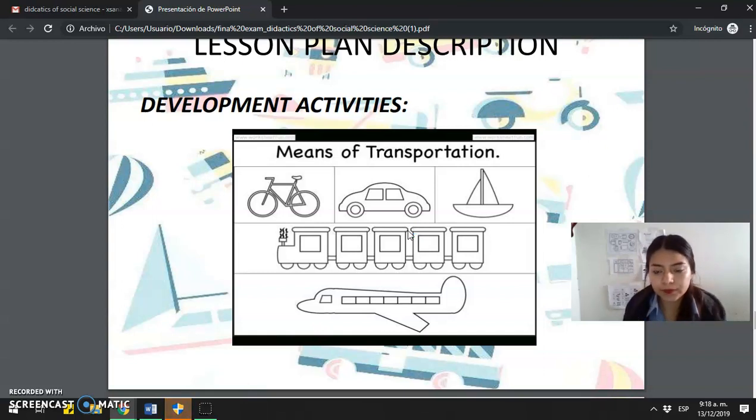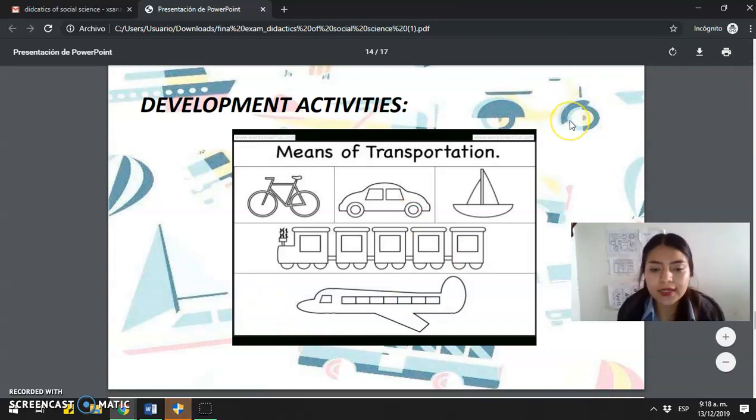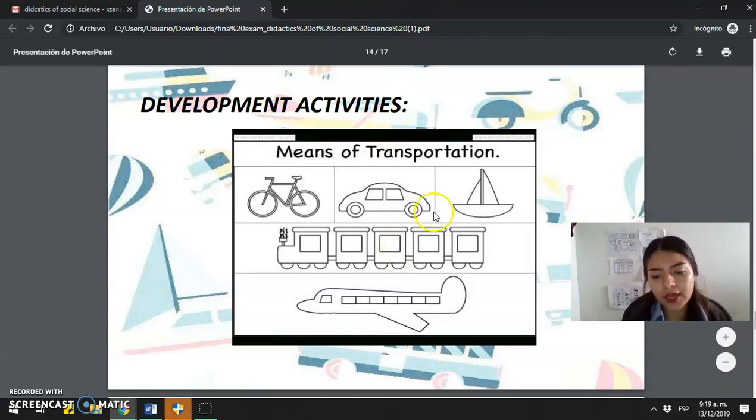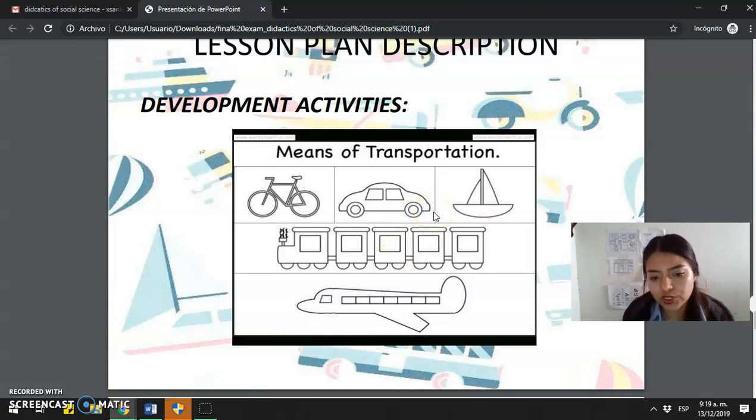In this case, you can appreciate an easy picture where you can find the name of the topic, and some images. You can see the bicycle, the car, the sailboat, a train, and an airplane. The idea of this is to identify the name and to color with corresponding colors.